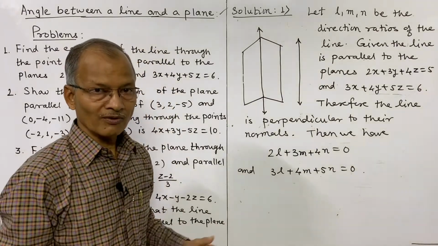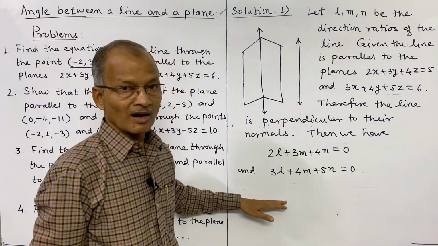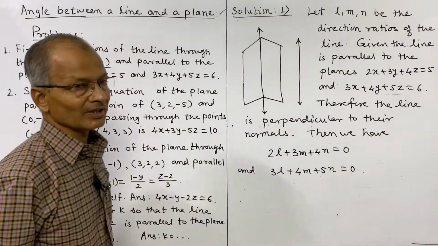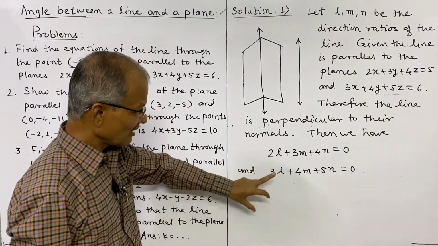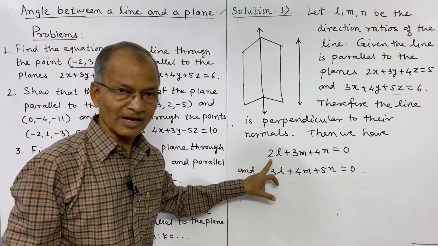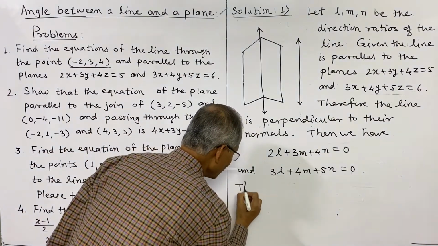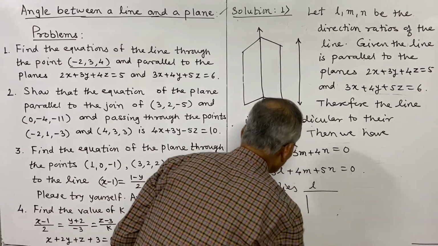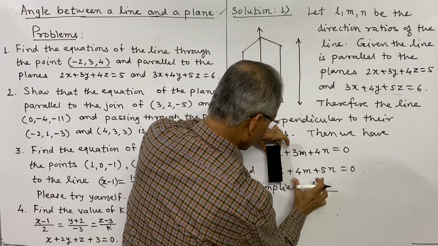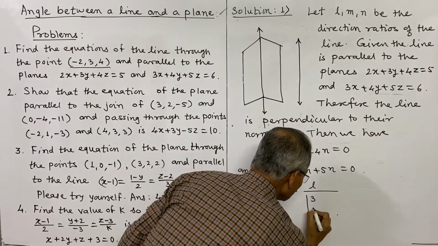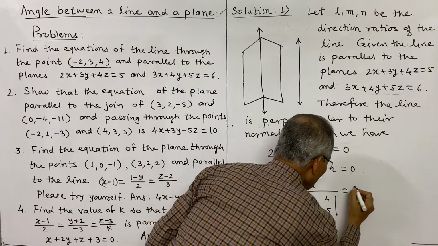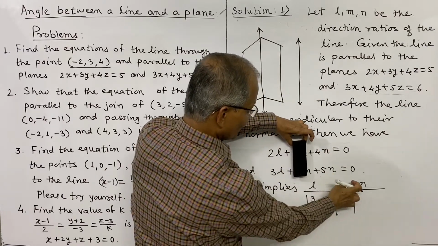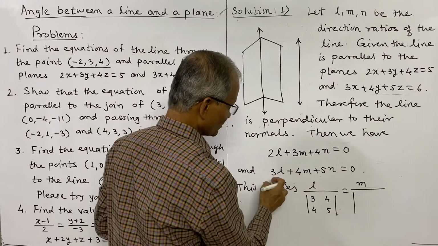From this, what we shall get? We shall get the values of l, m, n, the direction ratios of the line, and the point is already given here, so we will obtain the equation of the line using that. To find the direction ratios, the values of l, m, n, we solve these equations as earlier: l upon, we hide this column and write the determinant 3, 4, 4, 5. m upon, and this column must be written first, or otherwise you have to write a minus sign here, 4, 5, 2, 3.